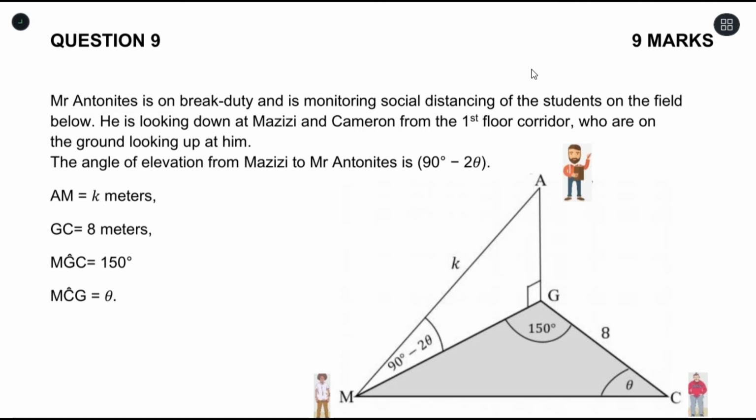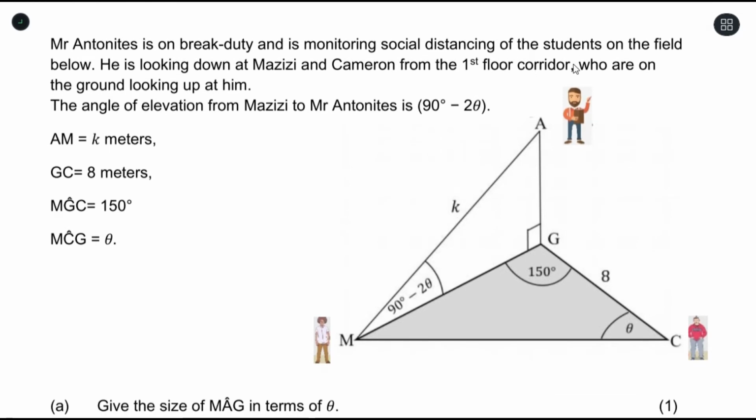The angle of elevation of Mazizi to Mr. that guy is 90 minus 2 theta. Now they tell us here that AM is K meters, GC is 8 meters, angle MGC is 150 degrees, and angle MCG is theta.